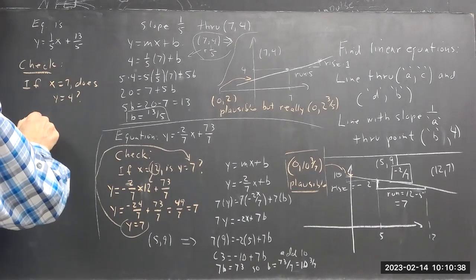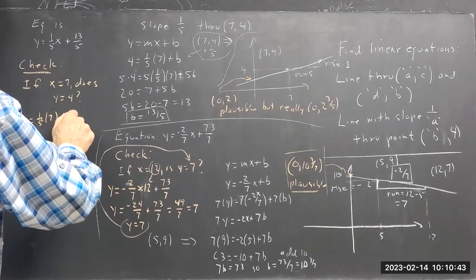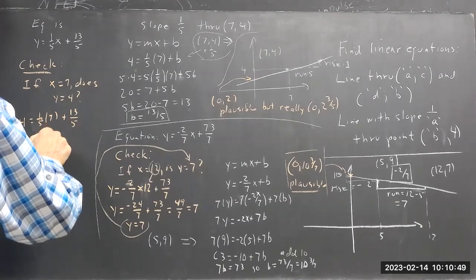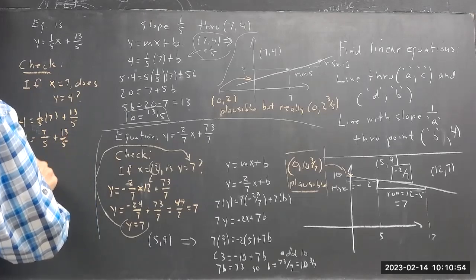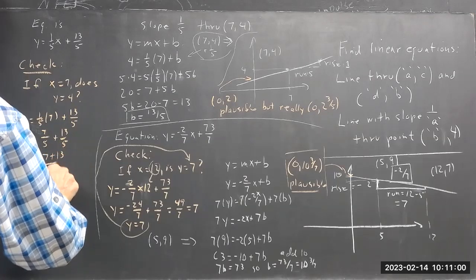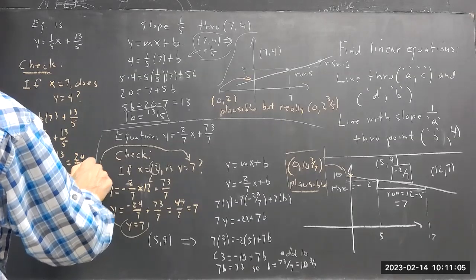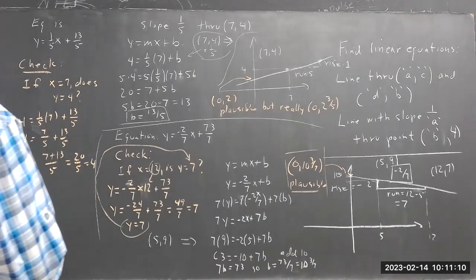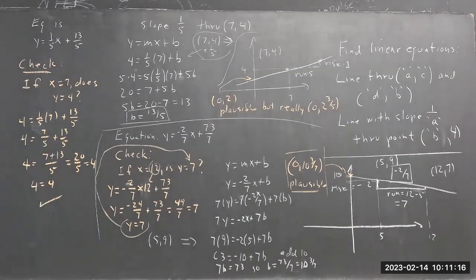Well, we plug in: 4 equals 1/5 of 7 plus 13/5. That would mean 4 equals 7/5 plus 13/5. So is 4 equal to 7 plus 13 over 5? Well, that would be 20 over 5, and 20 divided by 5 is 4. 4 equals 4 and it checks.